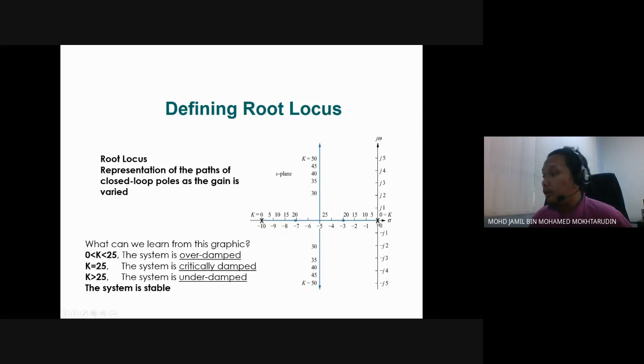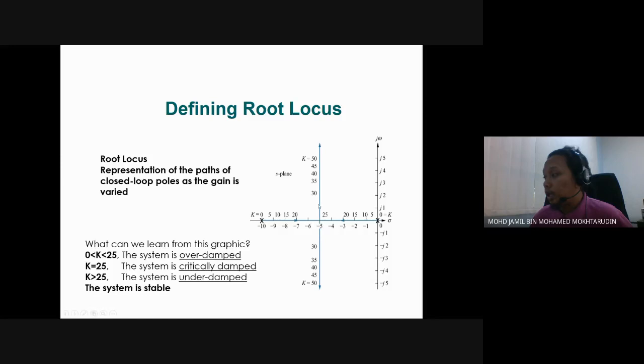You can also see that for poles on the real axis, the system is overdamped. For the poles at the intersection here, the system is critically damped.